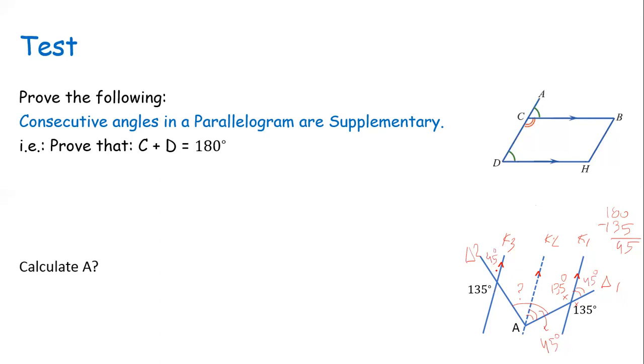And this angle here and this angle here are equal to each other since they are two corresponding angles, because the line delta 2 crosses the two parallel lines K3 and K2. So this will also be equal to 45 degrees. From there, we conclude that the size of A is equal to 45 degrees plus 45 degrees, which is 90 degrees.